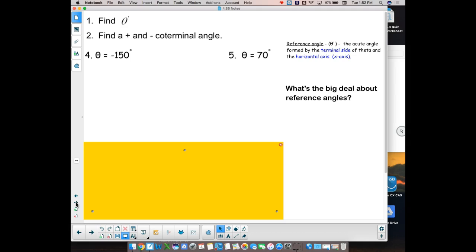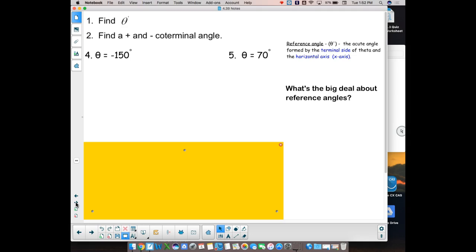Not just a triangle. I need a right triangle. Okay? And in a right triangle, I've got a right angle, correct? And what? Two acute angles. Okay? So reference angles are important because they're always acute.